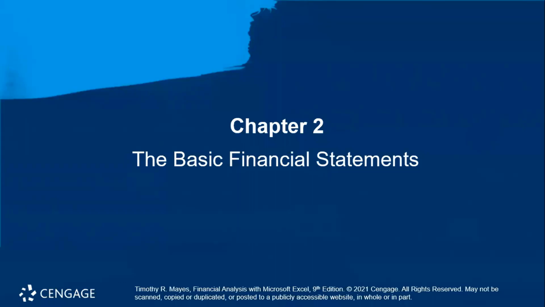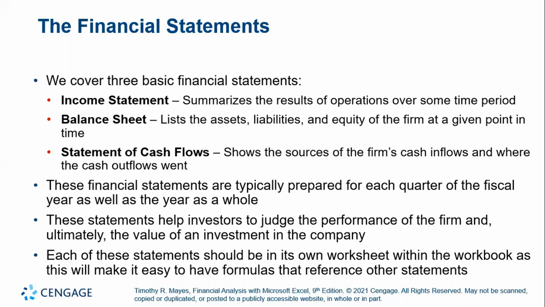Hello, welcome back to Chapter 2, the basic financial statements. We cover three basic financial statements. Income statement: the income statement summarizes the results of operations over some time period.